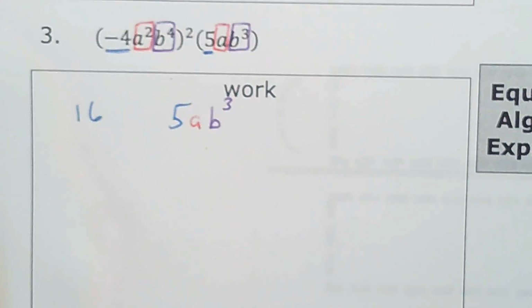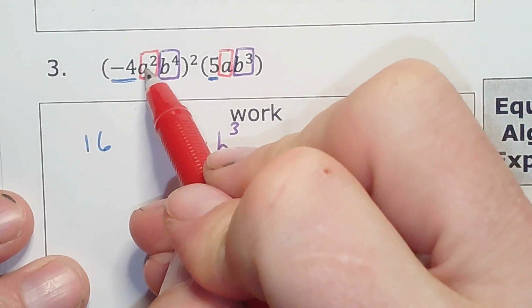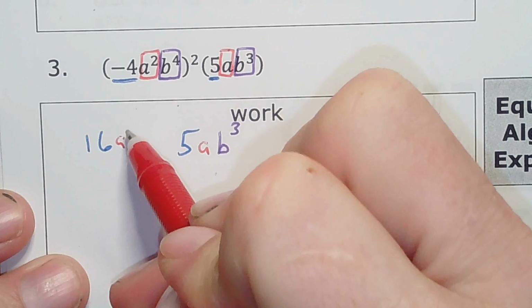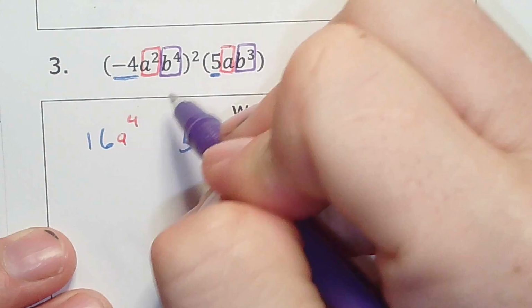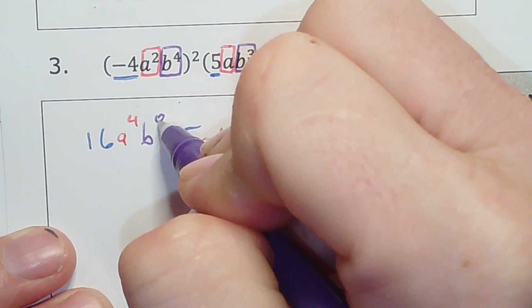Okay, and then you have to multiply the exponents. So 2 times 2 is a to the 4th, and then b to the 8th.